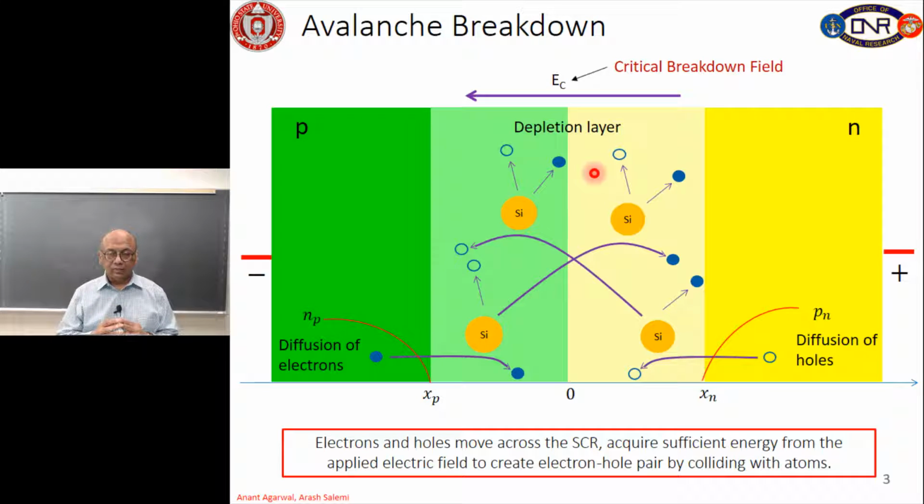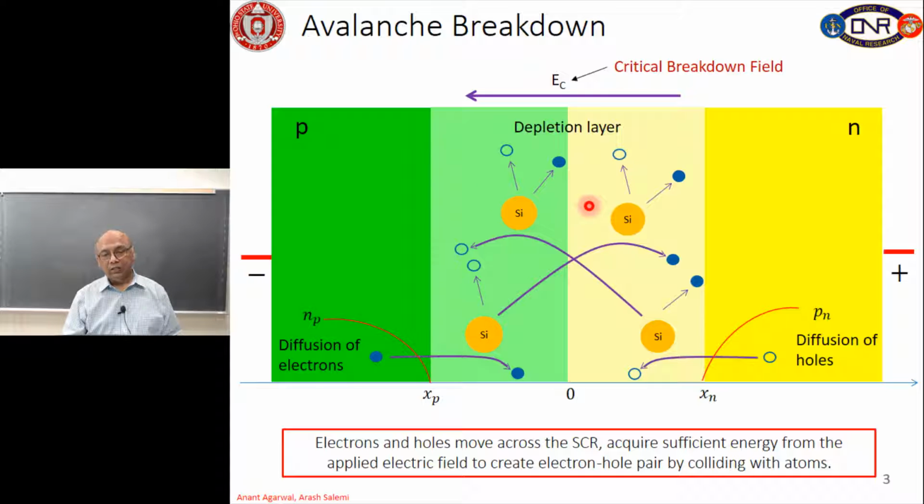In other words, they can break the covalent bond between the two neighboring silicon atoms, and then that leaves a hole behind. So, every electron that knocks and liberates an electron from the silicon lattice also creates a hole, and holes start moving to the left under the electric field.